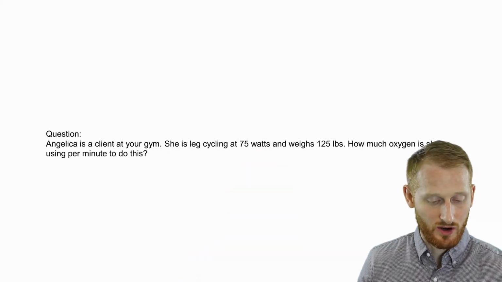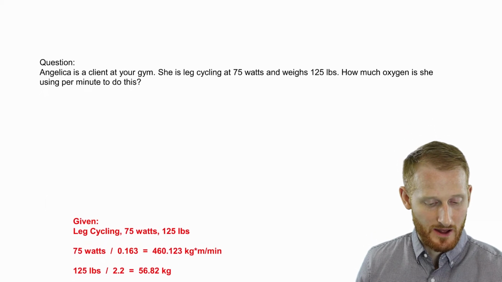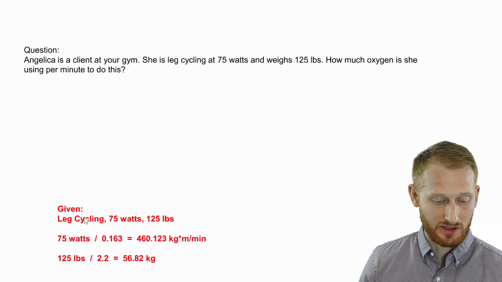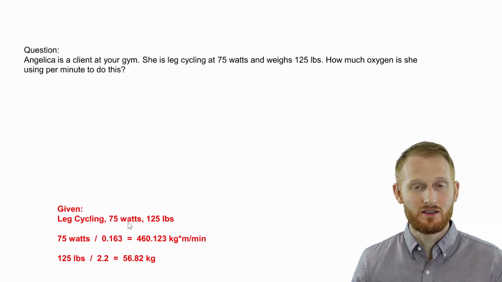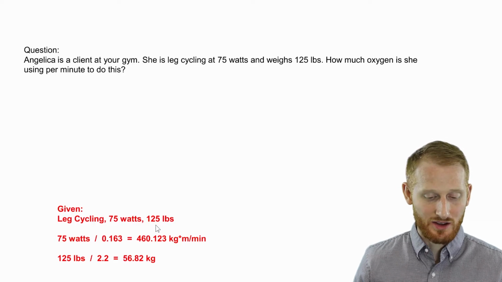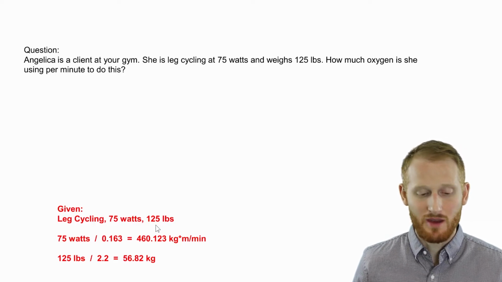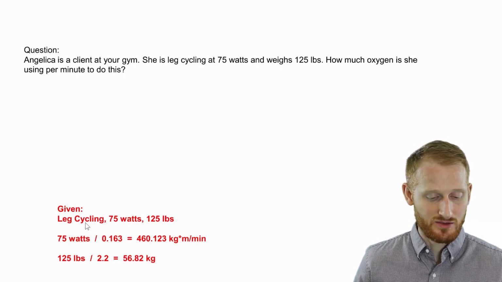So we have some known variables here, so let's look at our givens. We have leg cycling as our exercise modality. 75 watts is the resistance that the bike is going to be set at, and 125 pounds is her body mass. So we're going to need to do some conversions here.